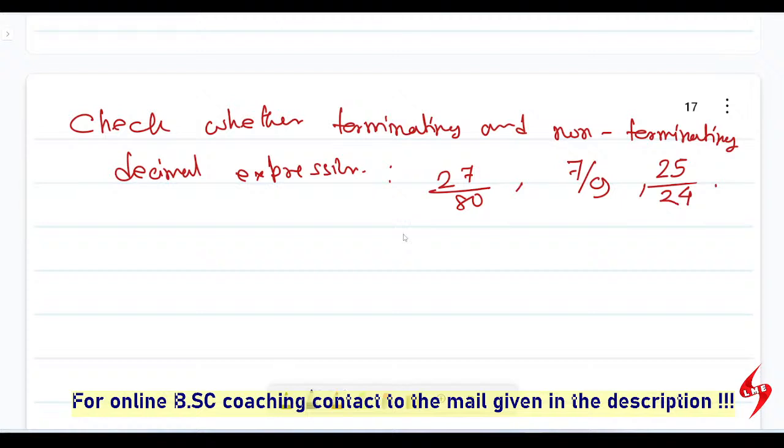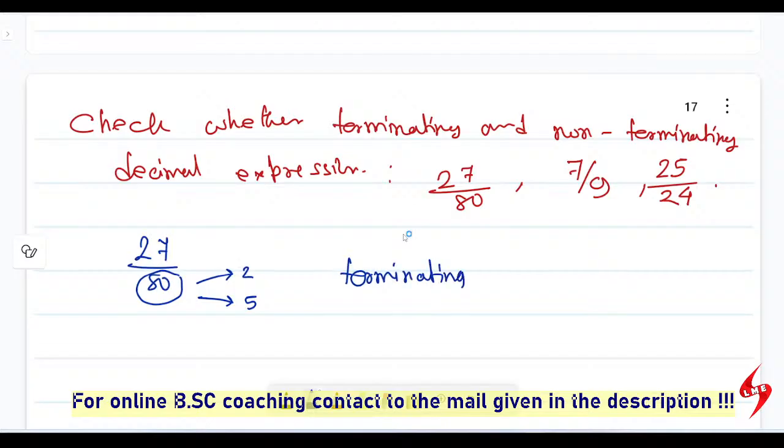The time is up. Now let me do this. 27 by 80: in 80 the prime factors are only 2 and 5, there are no other prime factors, so it is terminating. Next is 7 by 9.